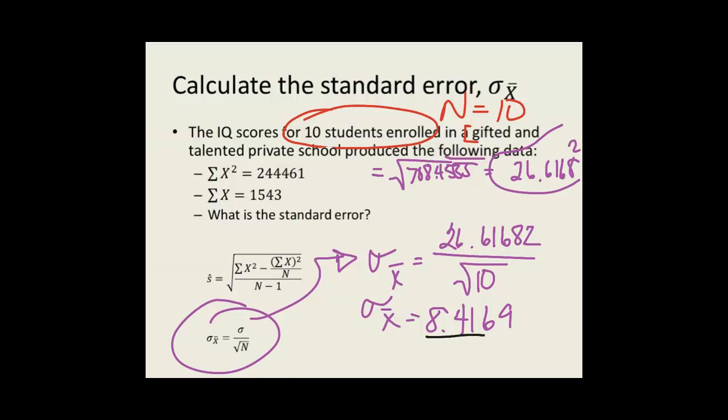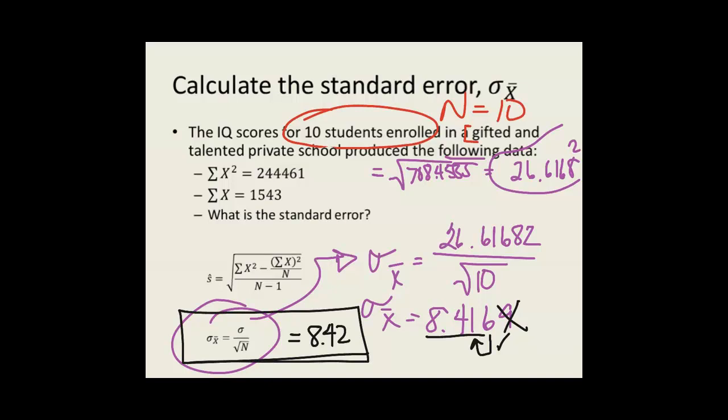And then if I do my rounding, keep 2 decimals, just as a general rule, it works out. I see that the number next door to my 1 is a 6. Remember, don't look beyond that, just look one number to the right. And I see that, yes, I do need to round, and so my sigma sub x bar value, the answer to this question, is 8.42.